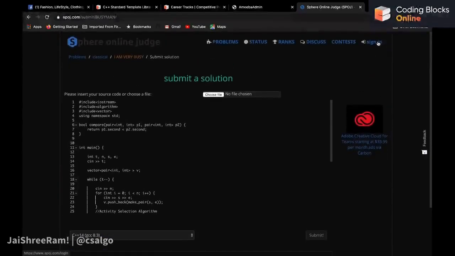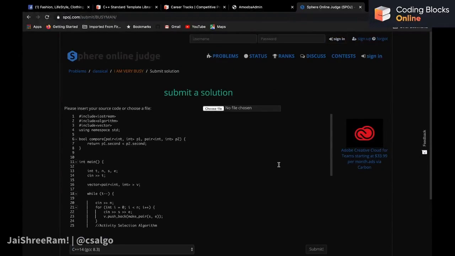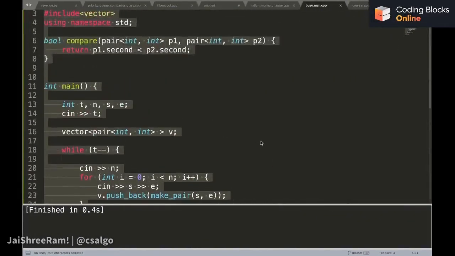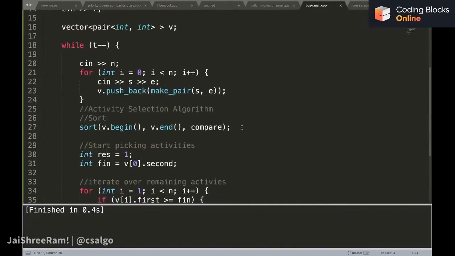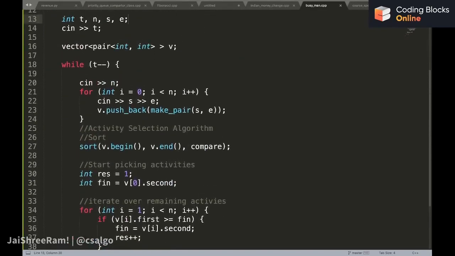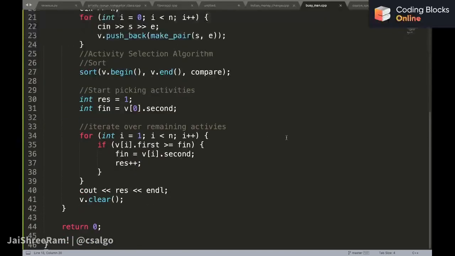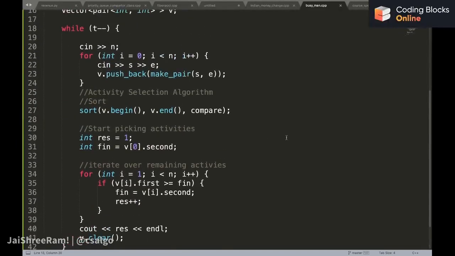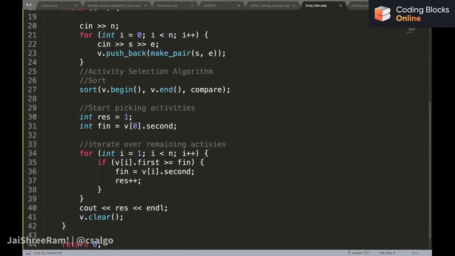Okay, so this should be okay, and I hope you will be able to solve this problem now, and the code is absolutely fine. I'm not logged in, so that's fine, but this code is fine, and you can see this is running for the sample test cases as well. Okay, so that's it for this video. See you guys in the next part.